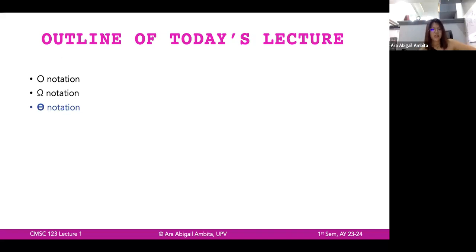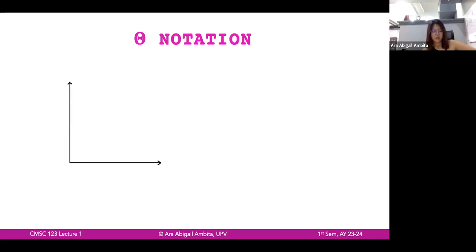So the theta notation is also what we call the asymptotically tight bound, and this is used to describe the average cases.